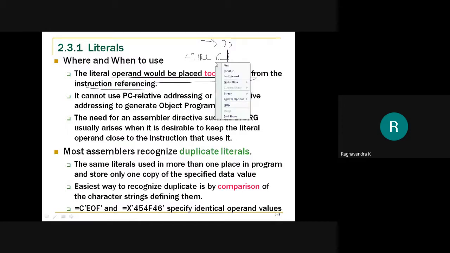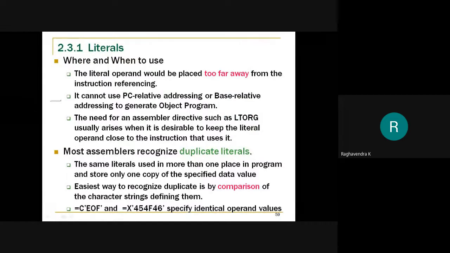Another case is if the instruction cannot use PC relative or base relative addressing mode for generating the object program, then you can use literals. As I said, LTORG solves the issue. If you have an instruction here and the operand here, then you have a larger displacement.